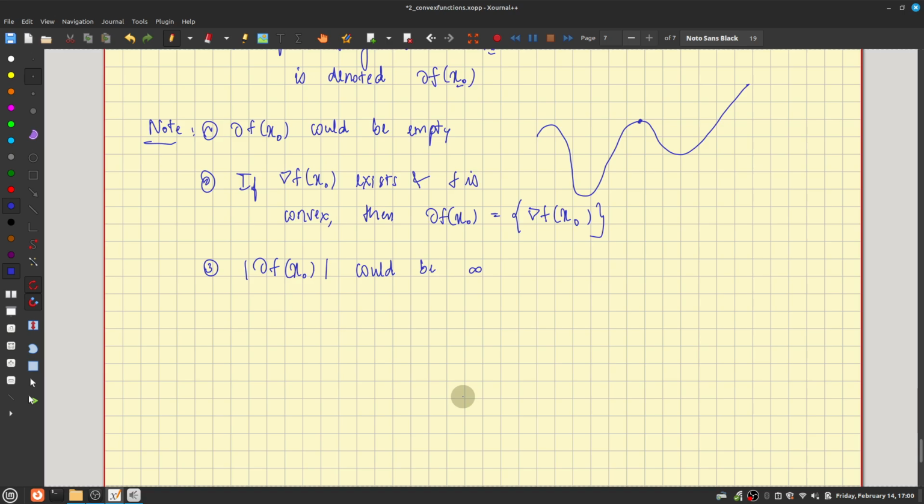But the nice feature about convex functions is that if the function is convex, then at least one subgradient exists at all points, right? And this holds whether the gradient exists or not.